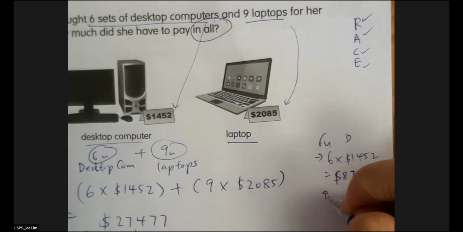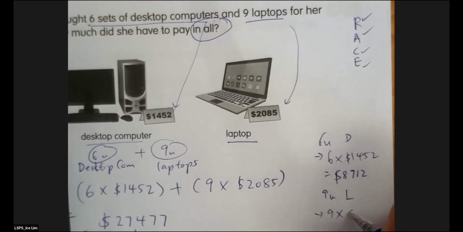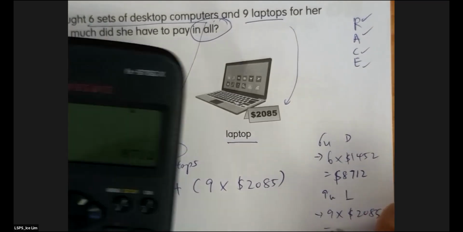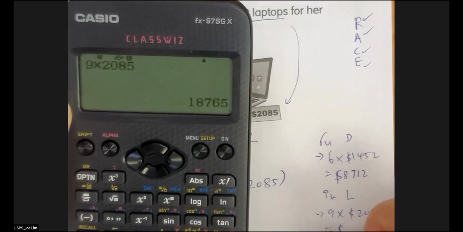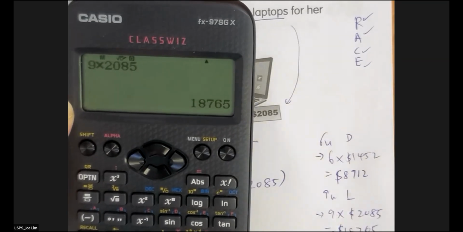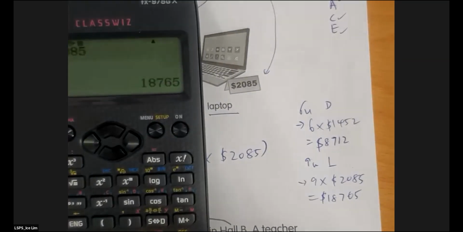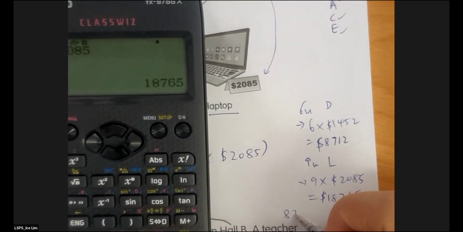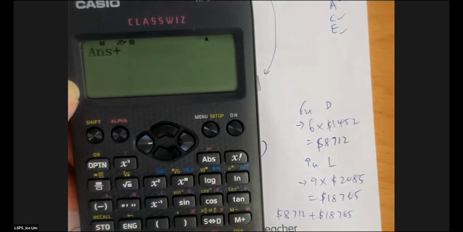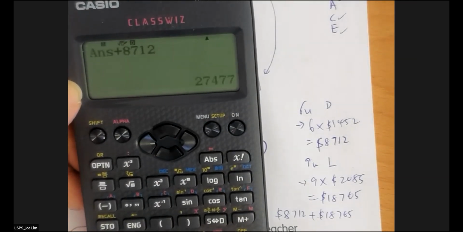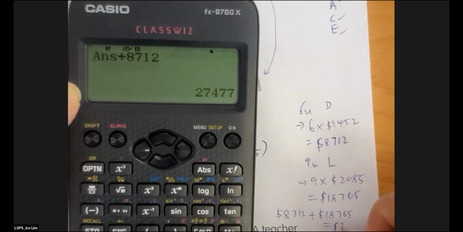Then I can use 9 units of laptops, that will be 9 times 2085, answer 18,765. Like Chung said, I can add together 8,712 plus 18,765. It's the same answer.